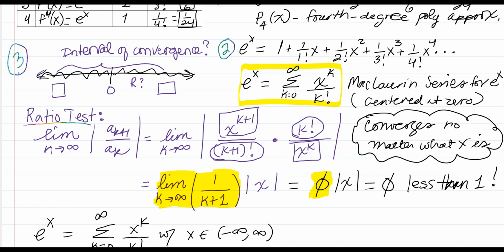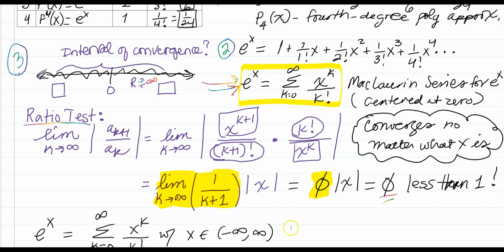And when we use the ratio test, we need that limit to be less than 1. So in this case, the limit is 0, which is always less than 1. So our radius of convergence is infinity, and our interval of convergence is negative infinity to positive infinity. So this series here is true for all x values, okay?